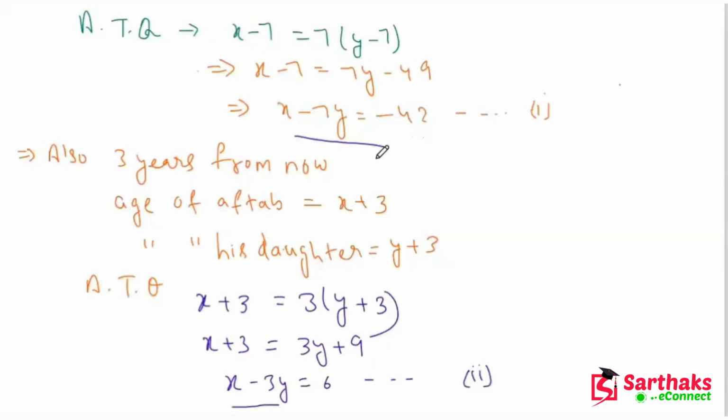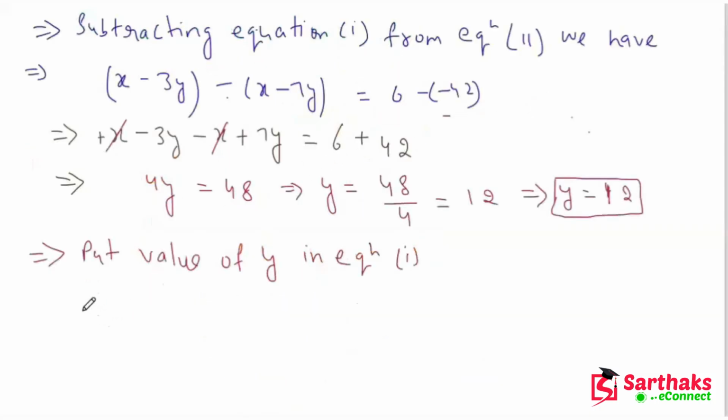Now the equation becomes x minus 7 into 12 is equal to minus 42. So x minus 84 is equal to minus 42.